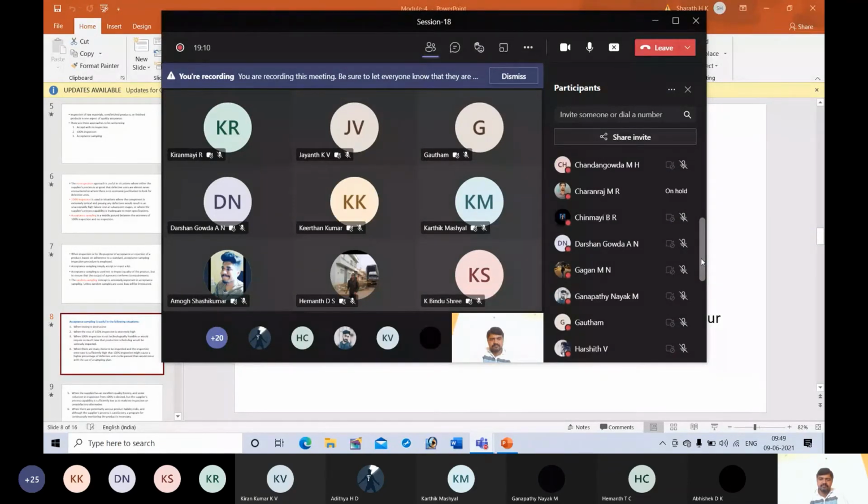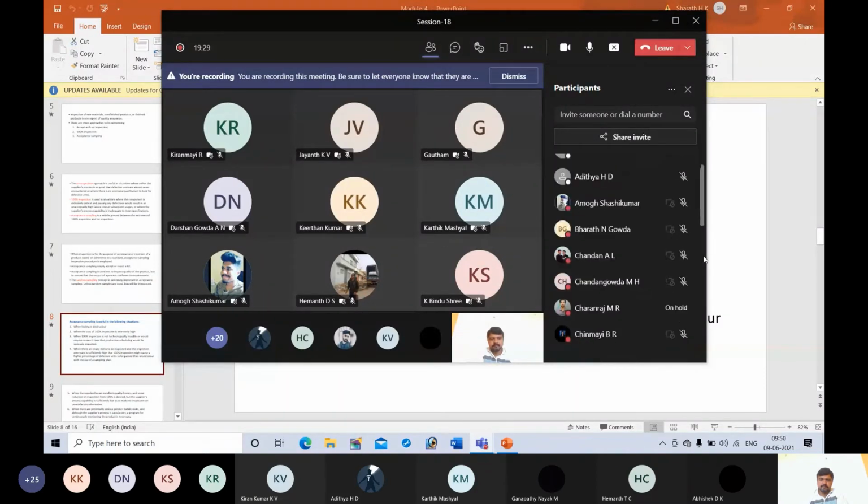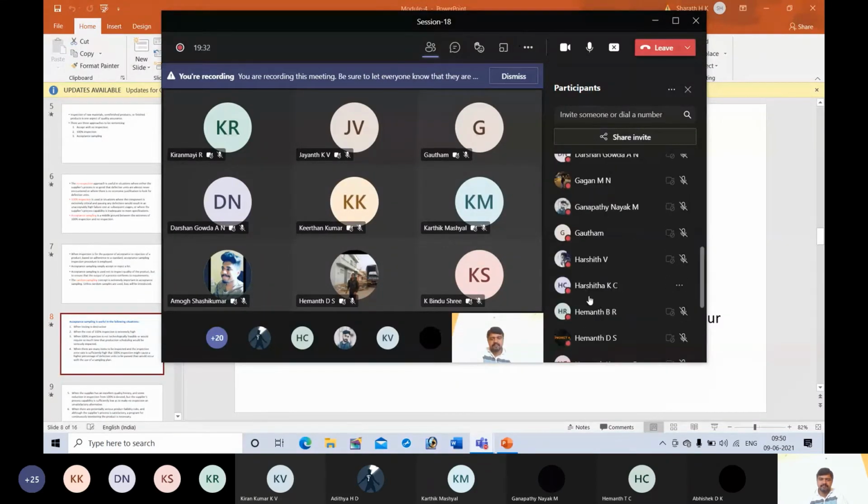Okay, Gautam. Arshita KC. The question is, what do you mean by destructive testing? Then why is acceptance sampling preferred for products which undergo destructive testing?